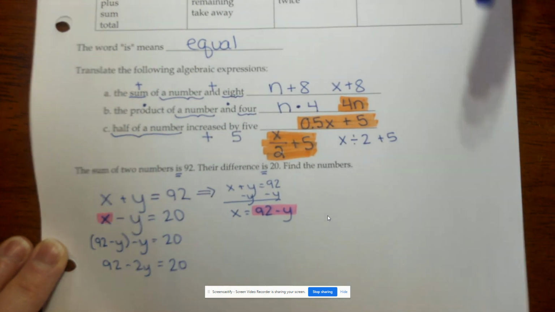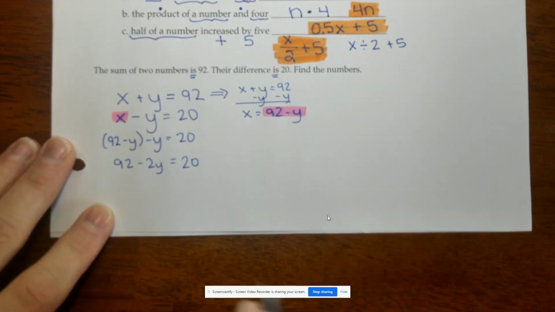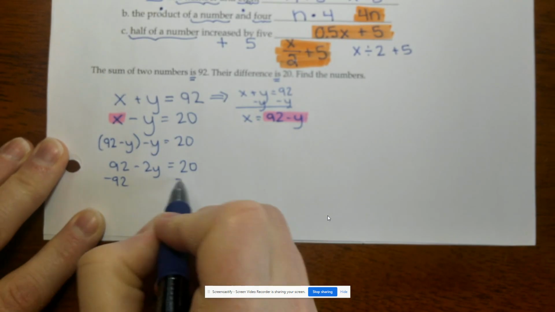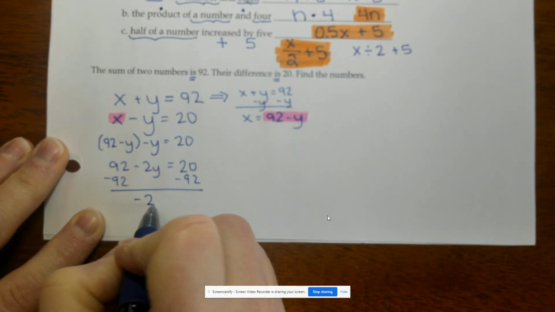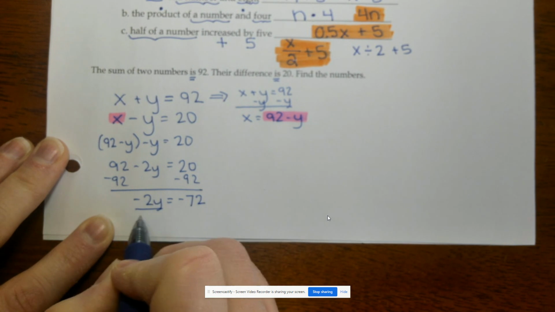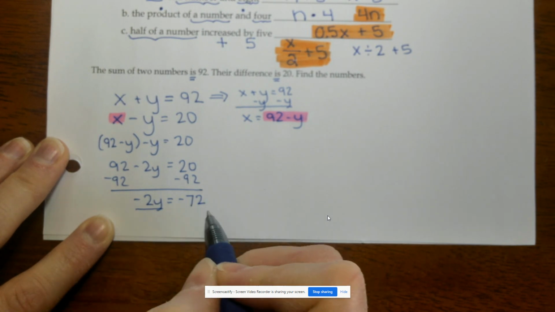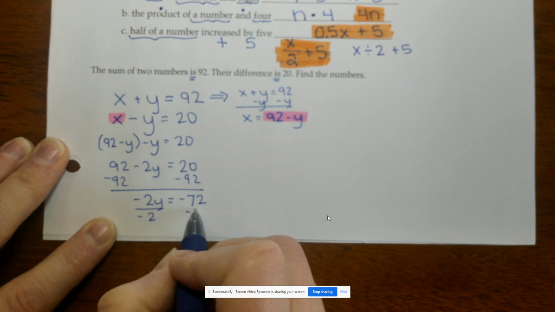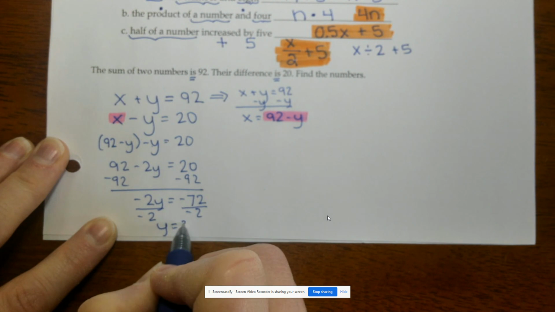That's a two-step equation. I'm going to subtract 92 from both sides. Negative 2y equals negative 72. Divide both sides by negative 2, and I'm going to get y equals 36.